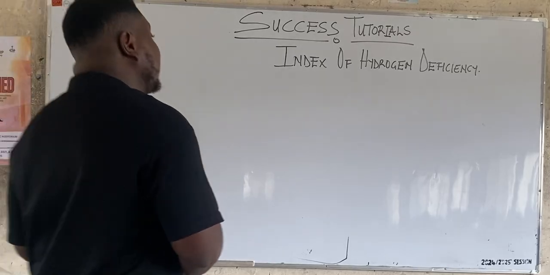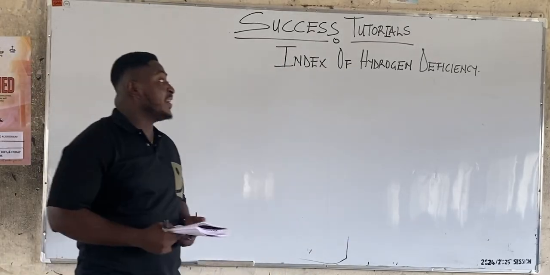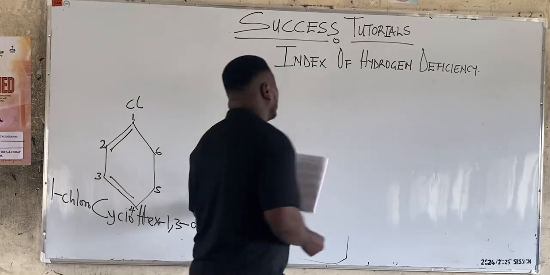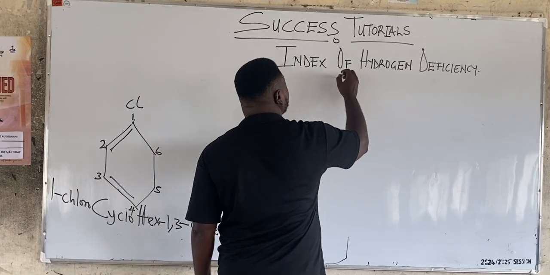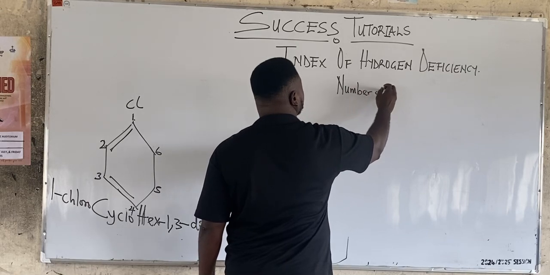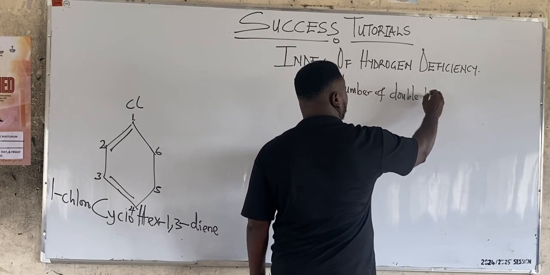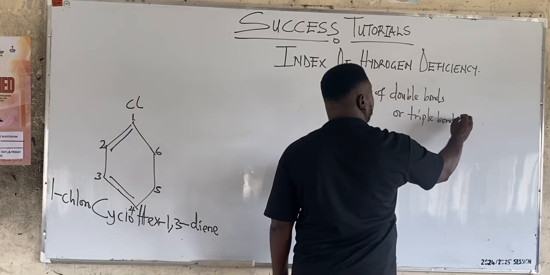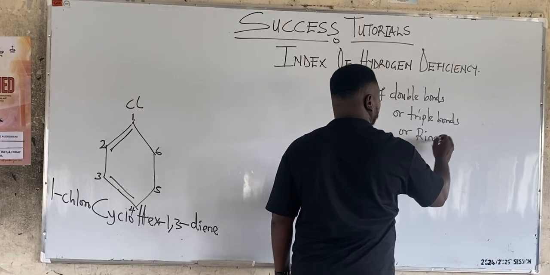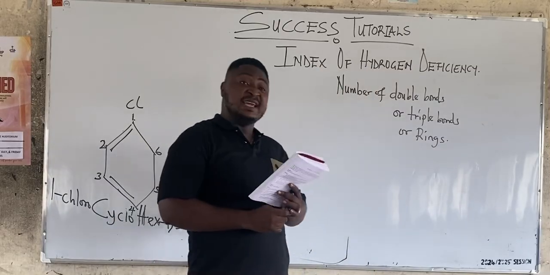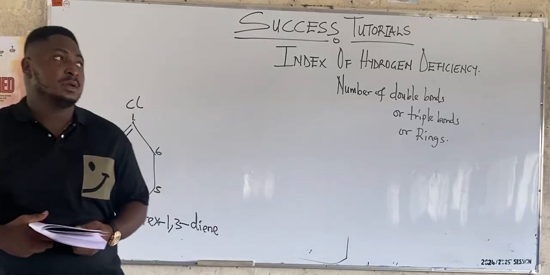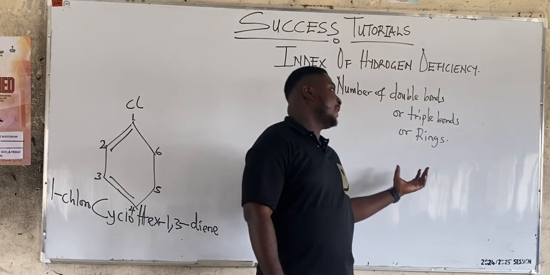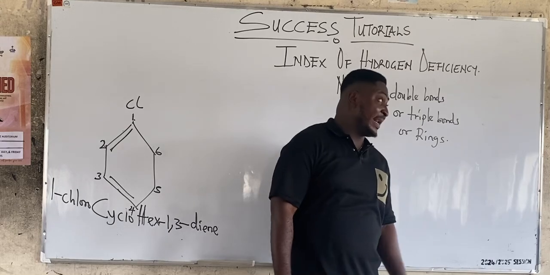Now write down. The index of hydrogen deficiency represents the number of double bonds or triple bonds or rings present in an unsaturated organic compound.